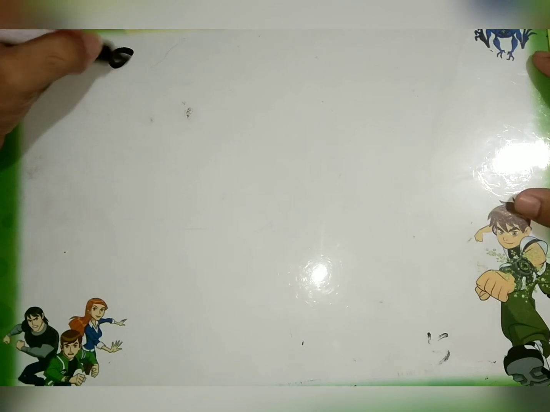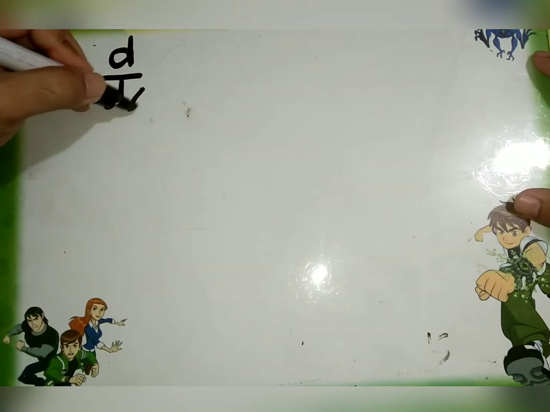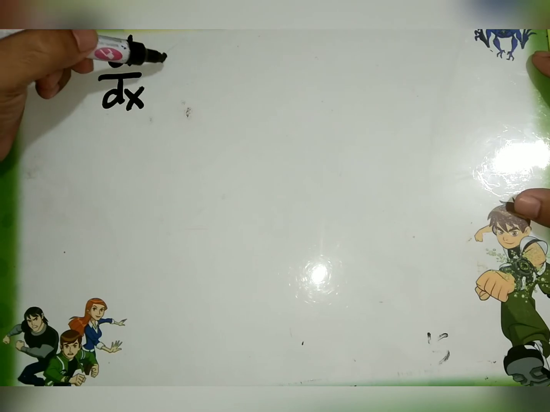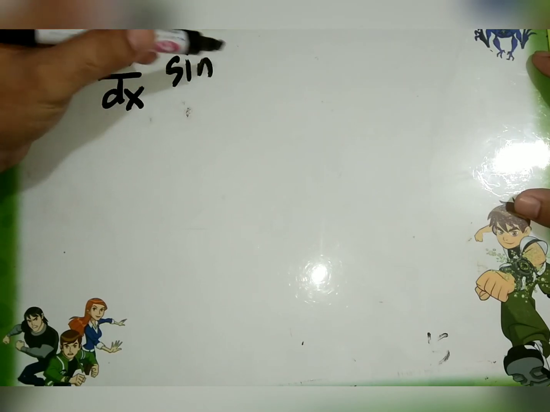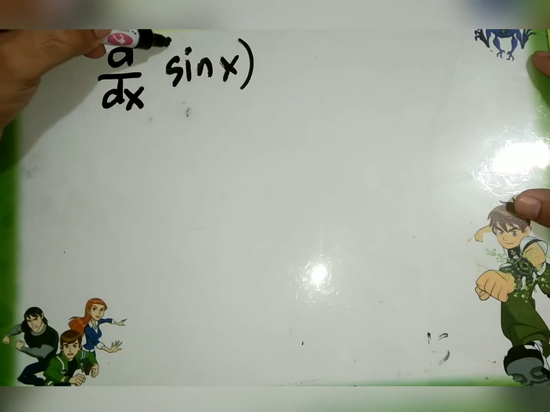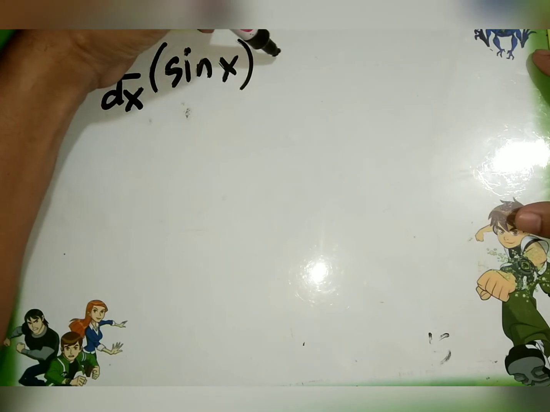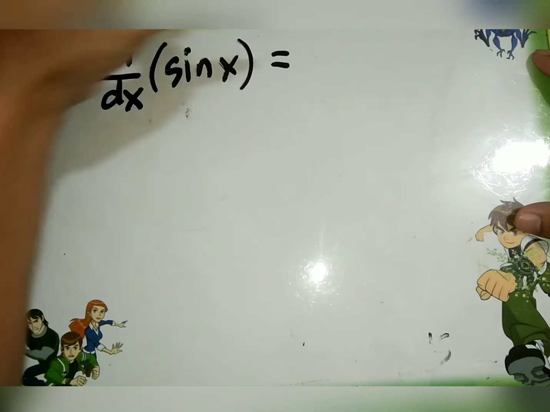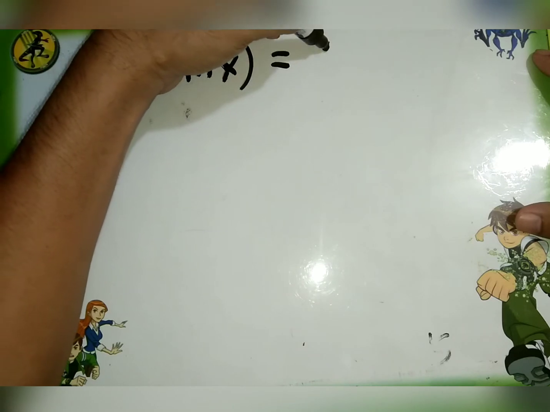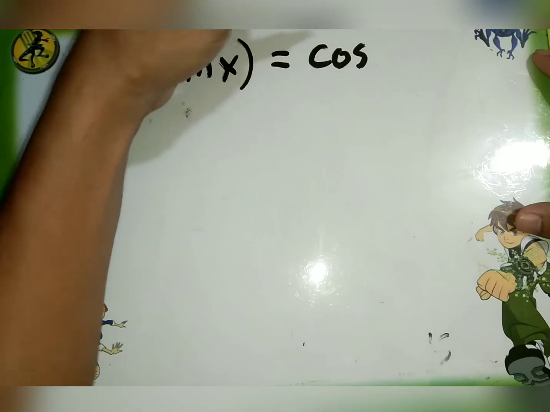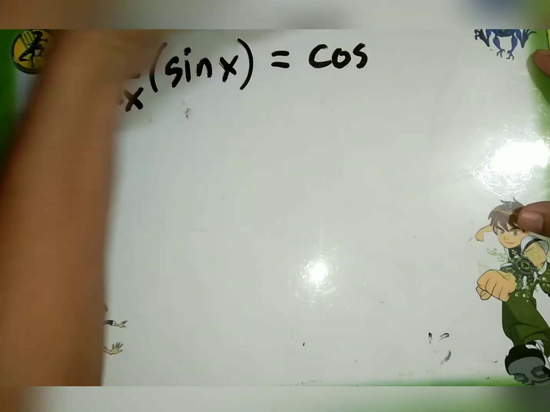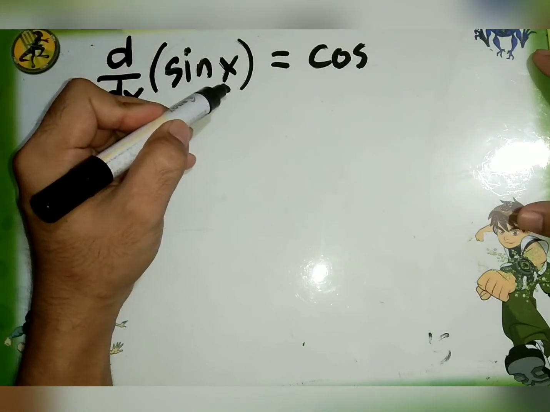So example tayo. What is the derivative of sine x? Okay, ano nga ba yung derivative ng sine x? Cosine x. Okay? So, derivative ng sine, cosine, tapos kopyahin yung angle. Ano yung angle natin dyan? Yung x.